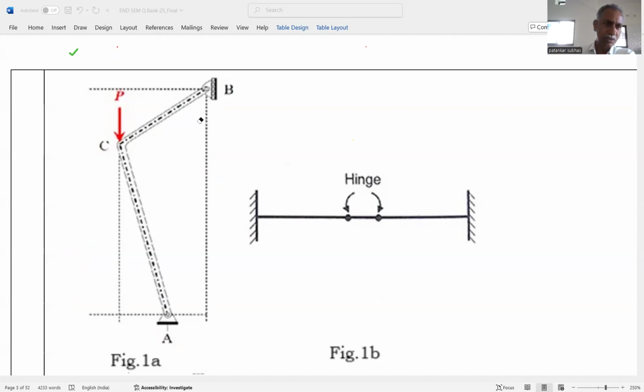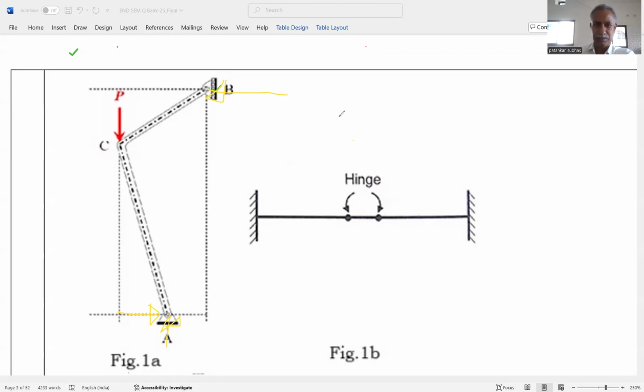So here it is observed that at support B, roller is there. That's why we can say that at support B, there is a horizontal reaction. Support A, hinge is there. That's why there are two reaction components. Let us say these are the assumed directions. So this is 1, this is 2, and this is 3.